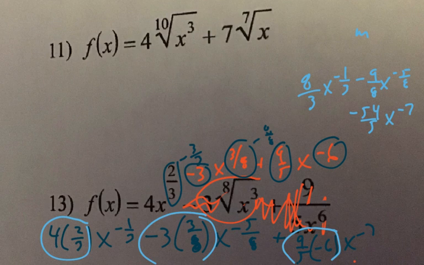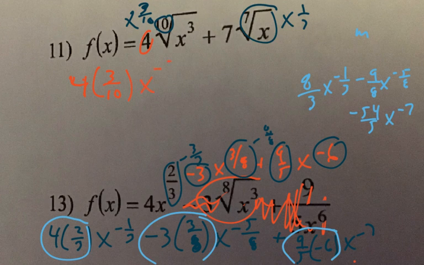Okay, let's look at number 11 here. Let's rewrite this as x to the 3/10. And we'll write this as x to the 1/7. Okay. Remember, the index tells you the bottom part of your fraction power. All right, so the 4 is going to stay. We're going to bring down that 3/10.